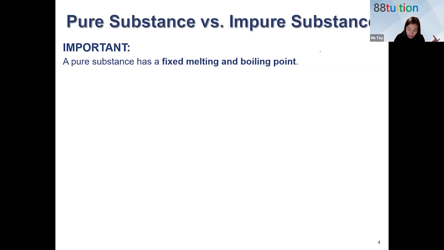So if I were to, let's say, maybe refer to water, I think water is something that you are familiar with. What do you think is the boiling point for water? Can you all recall? Boiling point for water. Try.